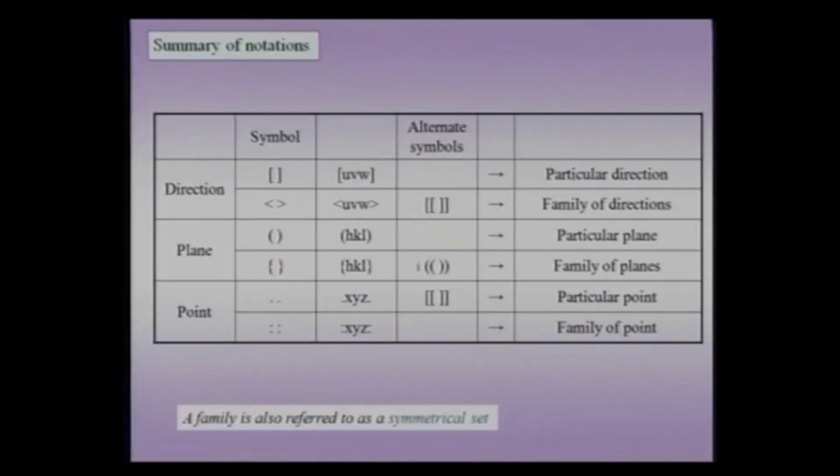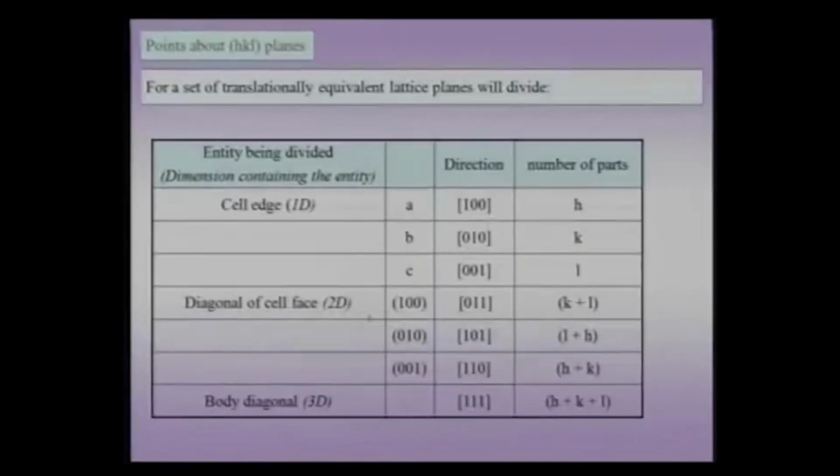Sometimes a double bracket is also used for a family of planes. Additionally, they may also use a concept for a point and for a family of points, like you could have a point XYZ which is put within dots, and a family of those points, a symmetrically related set of points, is put between a symbol which looks like a colon. So, all these symbols may be useful especially in reading journal papers.